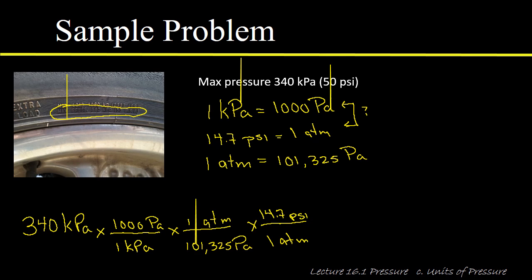If we look at our units, we see that our kilopascals will cancel, our pascals will cancel, atmospheres cancel, and we should end up with PSI. And if we just put all of this into the calculator, run these numbers, 340 times 1,000 times 14.7 divided by 101,325.